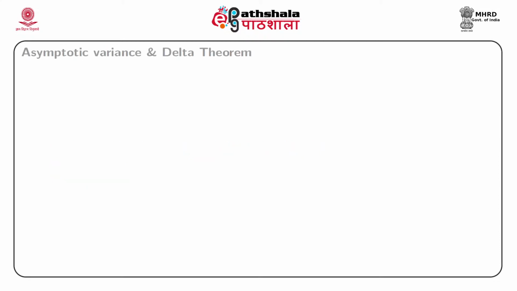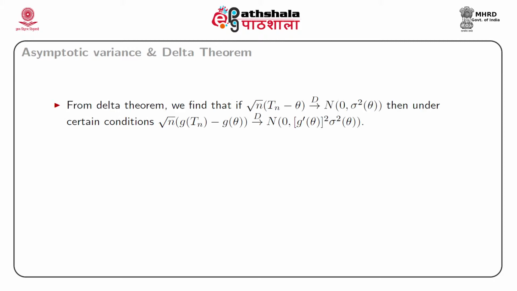For delta theorem, we find that if square root of n multiplied by Tn minus theta converges in distribution to a normal distribution, then under certain conditions the large sample distribution of g(Tn) is asymptotically normal. In this case, the square of the first derivative g dash theta multiplied by sigma square is called the asymptotic variance of g(Tn).